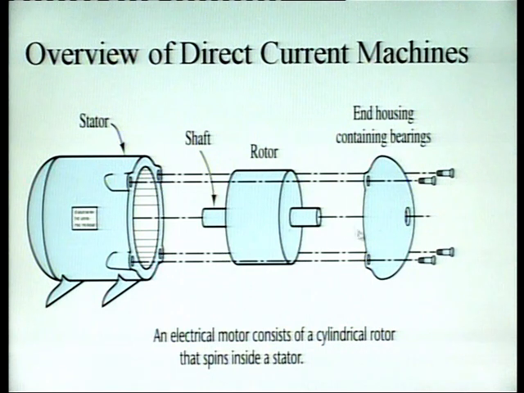This is for housing the stator and rotor at the end point, and this end housing contains the bearing here. The purpose of the bearing is to reduce the friction at the end point. With the help of this dotted line you can see where the nut and bolt and where the bearing are.